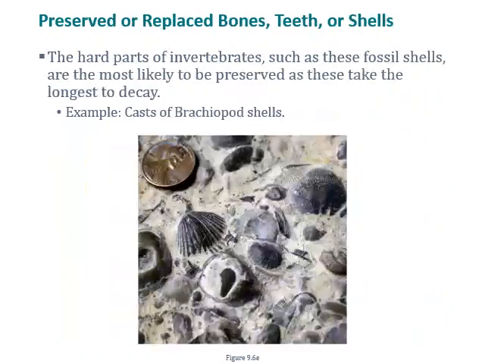More often, fossils get preserved as replaced bones, teeth, or shells. So these hard parts of invertebrates, such as fossil shells, are the most likely to be preserved because they take the longest to decay. So in this limestone, for example, we have casts of brachiopod shells.